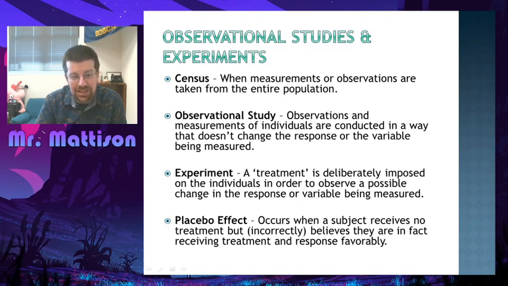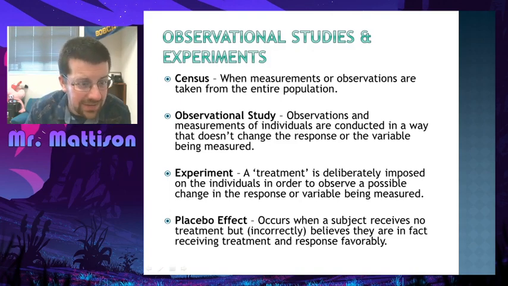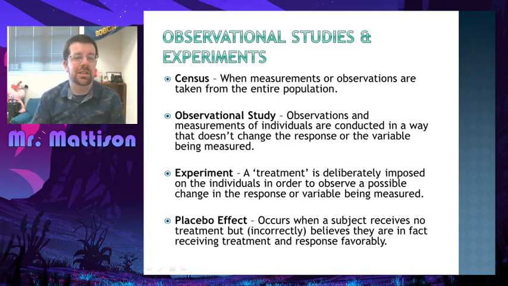But the term census really just means you have gathered data from an entire population, right? I gather data from everyone in the population that I'm actually trying to look at, and here's the results that I got. So if I define my population as just Middleton High students, I can get a census relatively easily, depending on what I'm trying to gather data on.